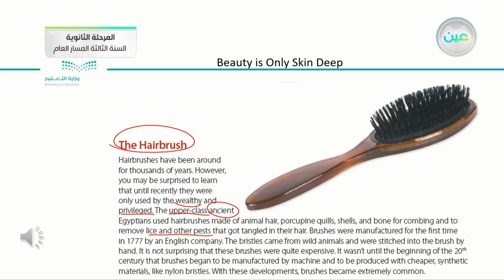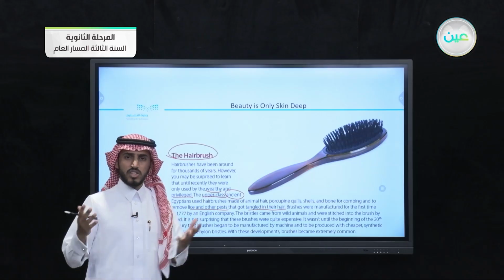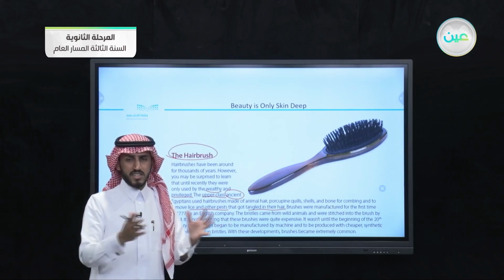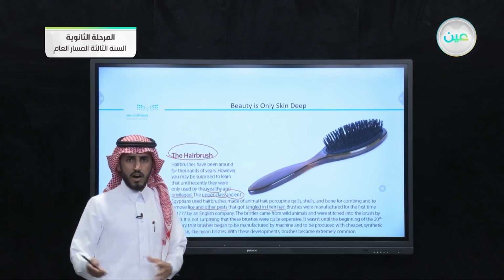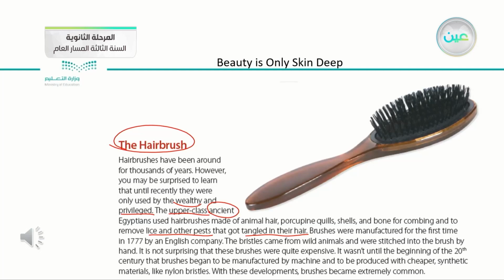So the aim of making the hairbrush was firstly to remove lice and other pests that got tangled in their hair. Got tangled means stuck in the hair. So they wanted to take these lice and pests out of their hair.